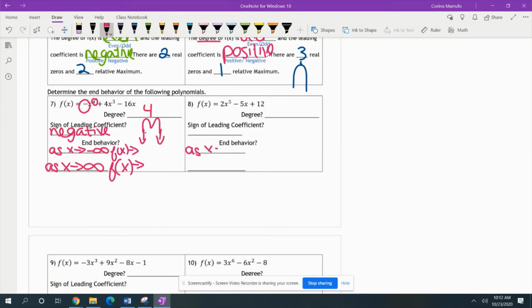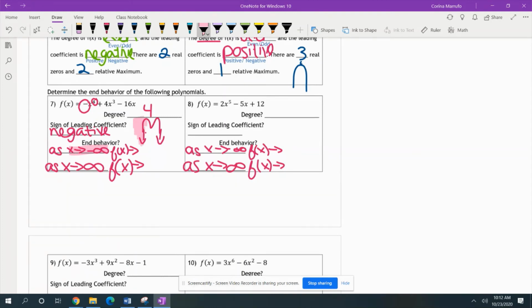It's going to be the same thing: as x approaches negative infinity, f of x approaches, and I'll explain right now what it means. As x approaches positive infinity, f of x approaches blank, and we're going to fill that in. So I already drew my graph here. The way that it's saying x is approaching negative infinity, it's saying the negative x values over here.